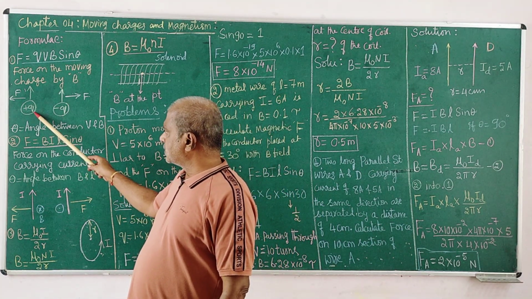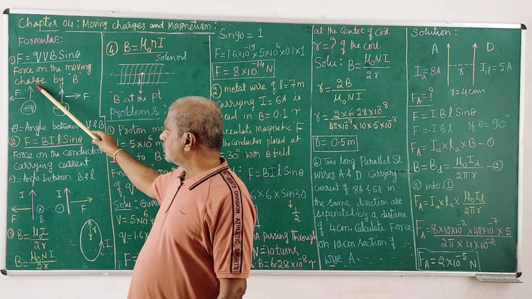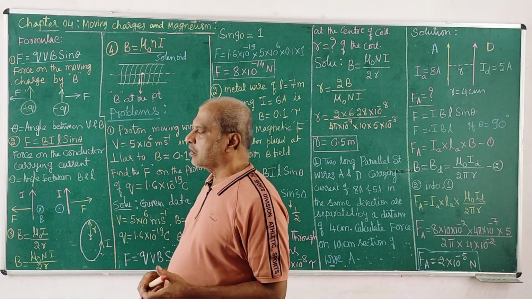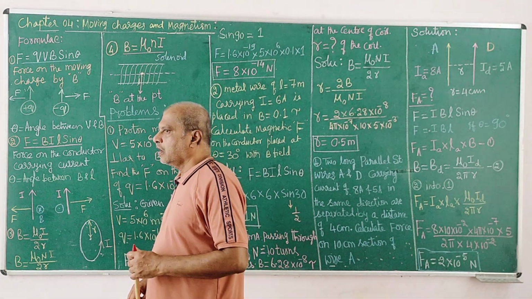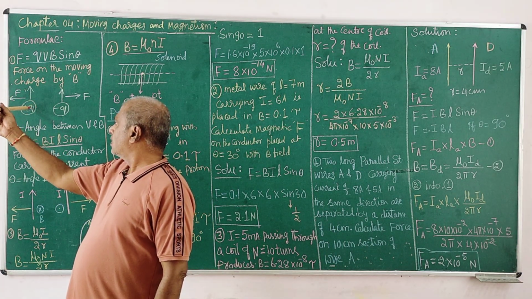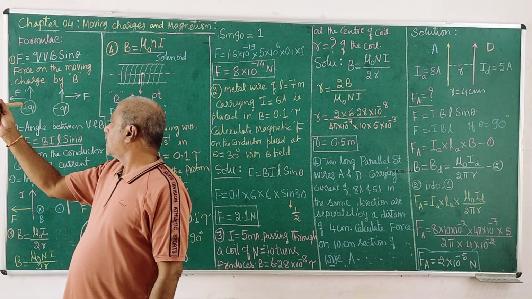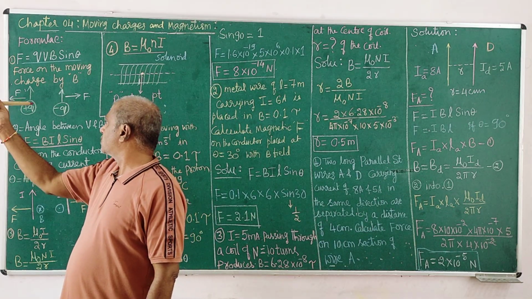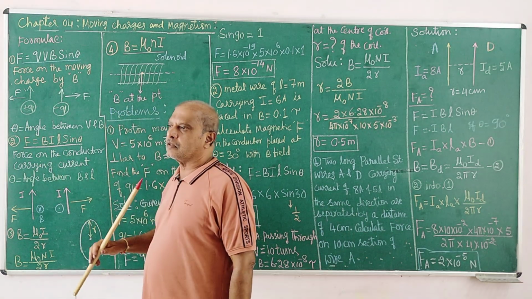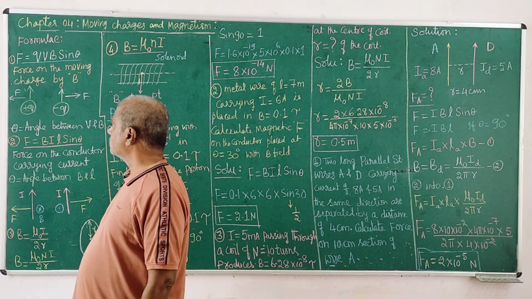If the charge is positive, moving in this direction, and you apply a magnetic field on this charge in the direction perpendicular to the plane, like this, the magnetic field in the inward direction, the force arises on the charge in this direction.